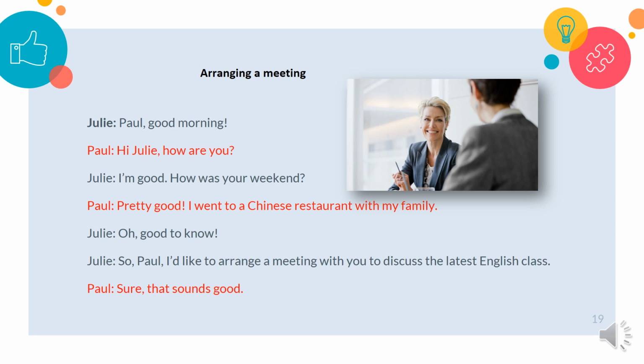For example, here we have a conversation between Julie and Paul. So Julie says, Paul, good morning. Hi Julie, how are you? I'm good. How was your weekend? Weekend is Saturday and Sunday. Pretty good.